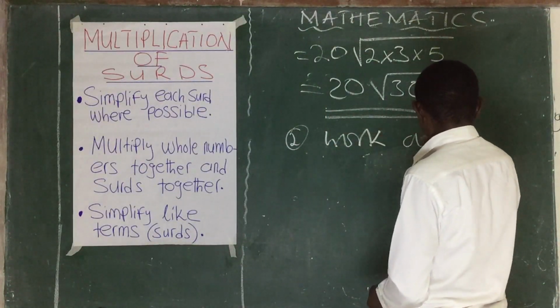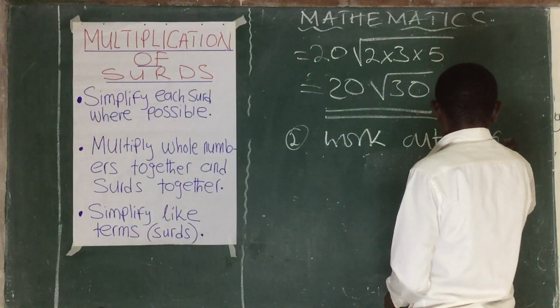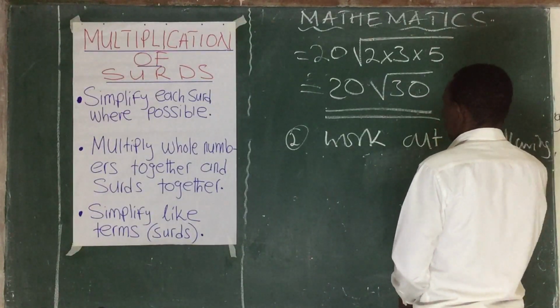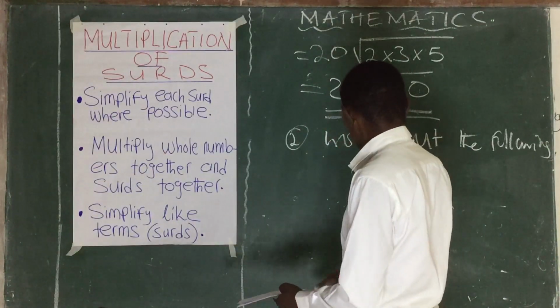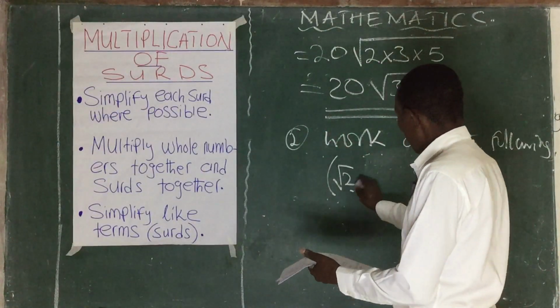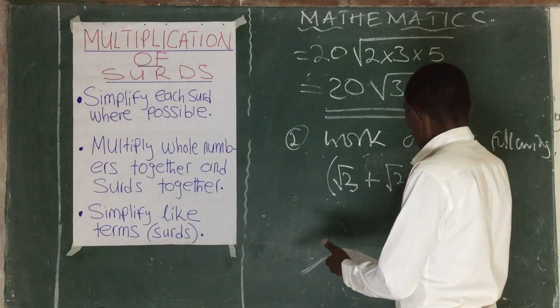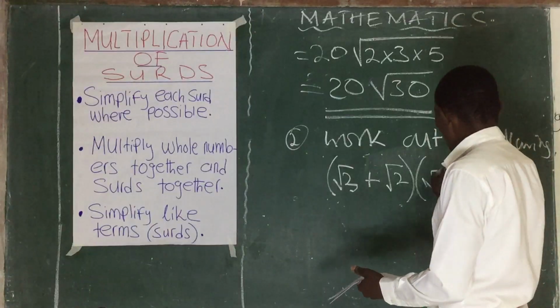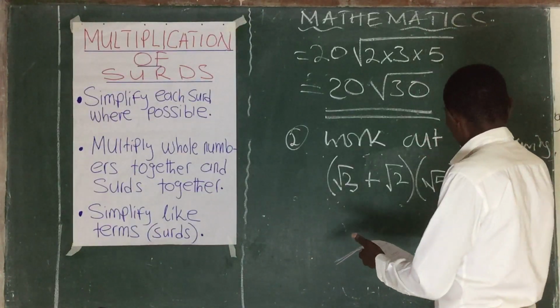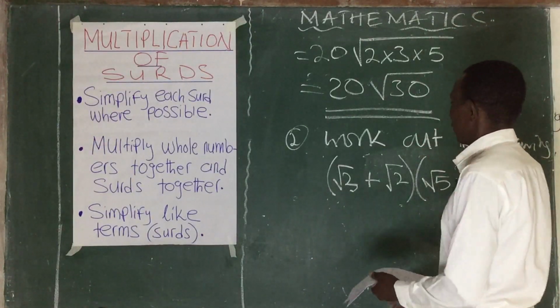Work out the following. Right. This now is more like an expansion. Root of 3 plus root of 2, and then we have root of 5 plus root of 7.